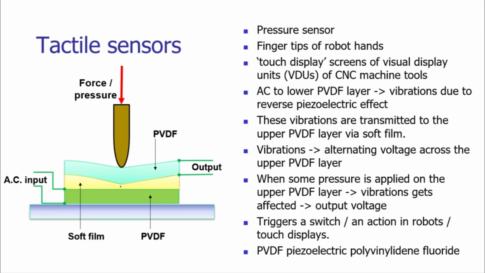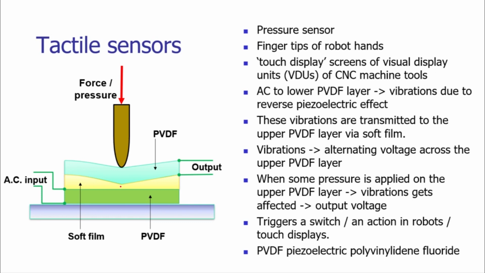The next interesting sensor is the tactile sensor. It is used to measure force or pressure. These types of sensors are widely used in automation and robotics. The fingertips of robot hands are equipped with tactile sensors.